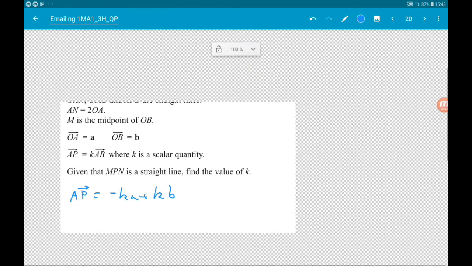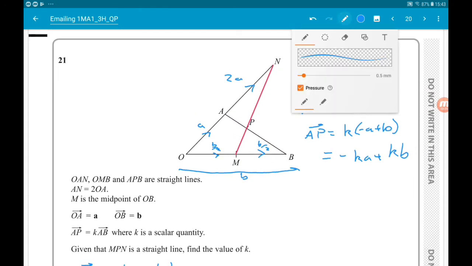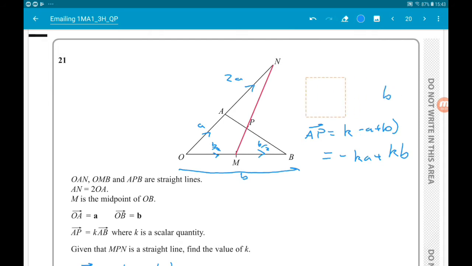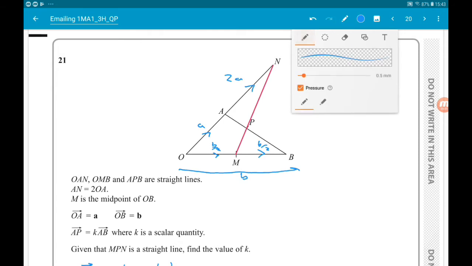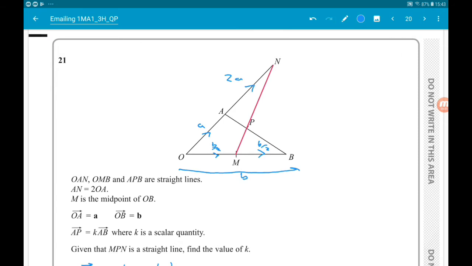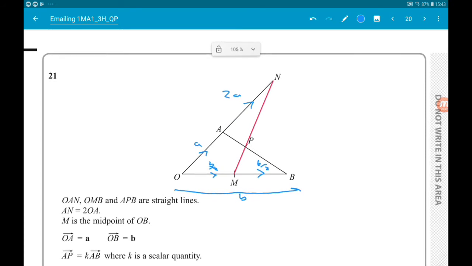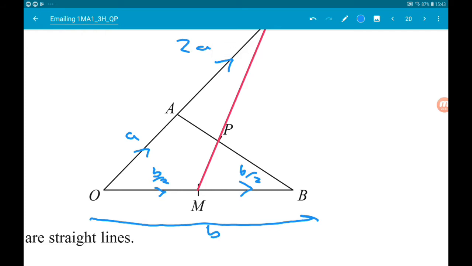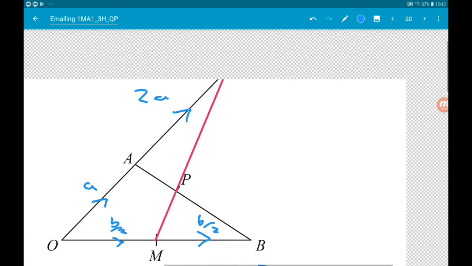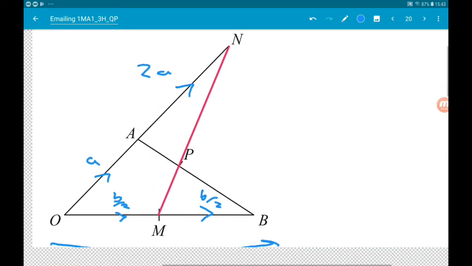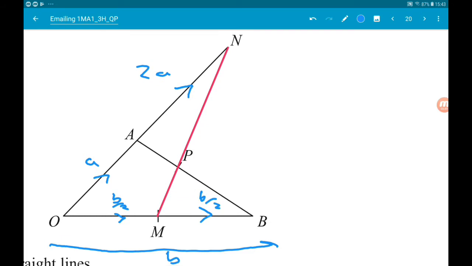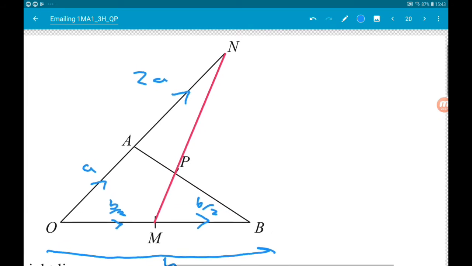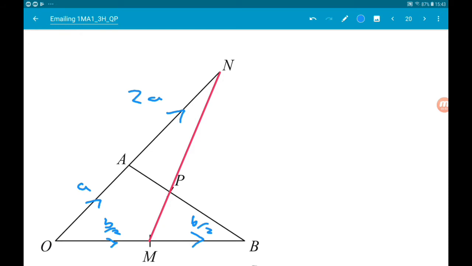Okay, now then, what we could also do is, now that we know that, we can work out vector m to n, m to p and vector p to n.